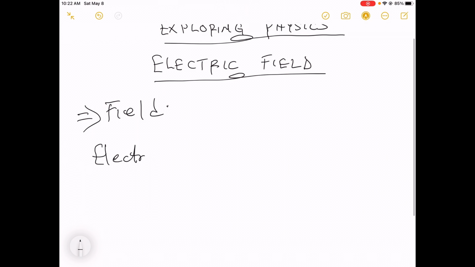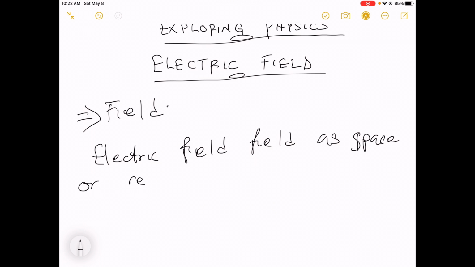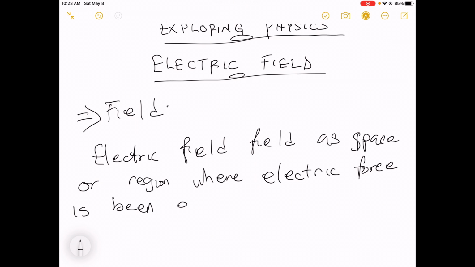I will define an electric field as a space or region where electric force is being experienced. Yeah, it's as simple as that.